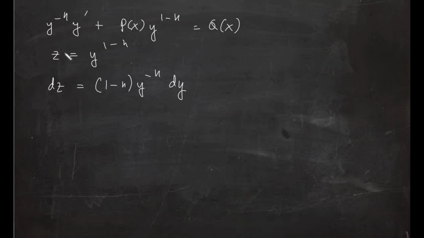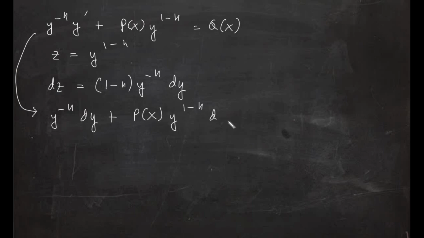Look here closely: we have y raised to negative n and then y prime. So let's first put this into differential form: y raised to negative n differential y plus p of x times y raised to 1 minus n differential x is equal to q of x differential x.